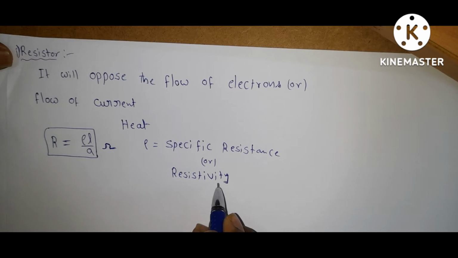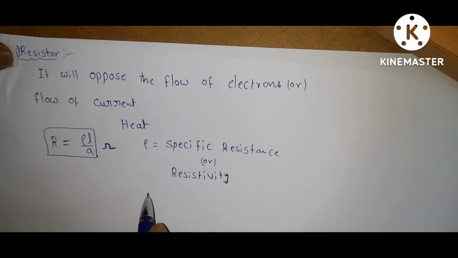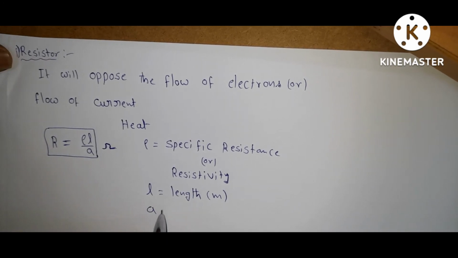For different types of materials it has a different value, and L is the length of the material and it is in meters. And A is the area of the material, it is in meter square.